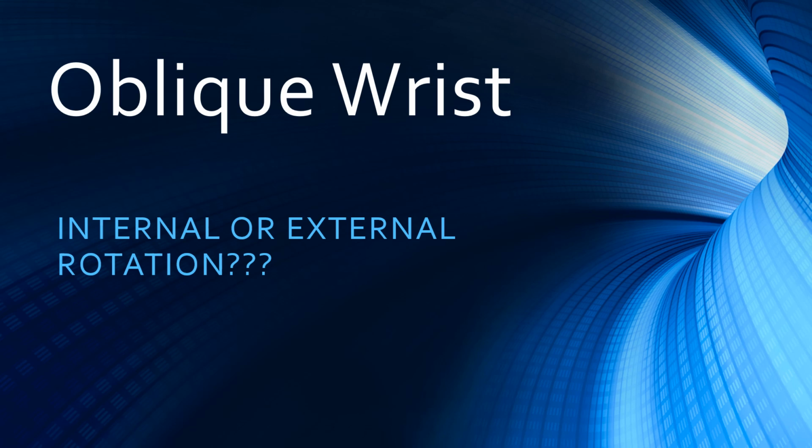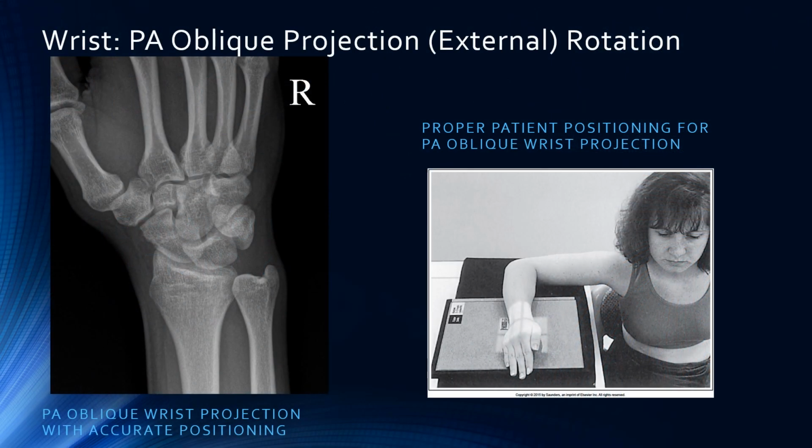If it were internal, all the carpals would be superimposed, all the anatomy gets superimposed over top of each other, and nothing is really singled out here. So it is only external. An oblique projection, external rotation. This is an example of proper patient positioning and a decent x-ray.